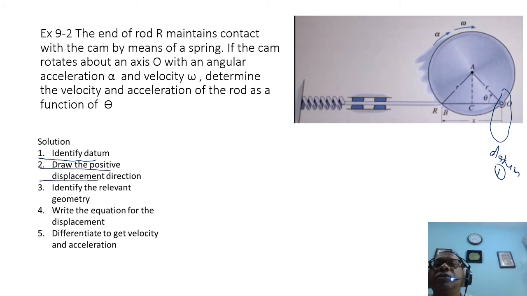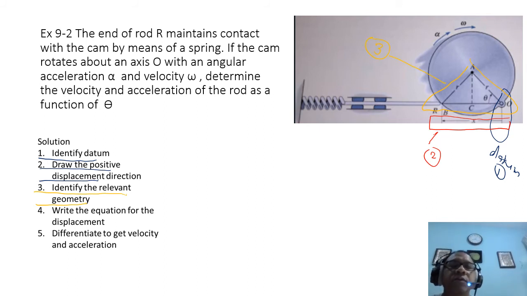Already the question has shown you that this is x positive to the right, so this is number 2. And then number 3 is identify the relevant geometry. Usually there is a triangle that we are looking at, so that's the geometry.